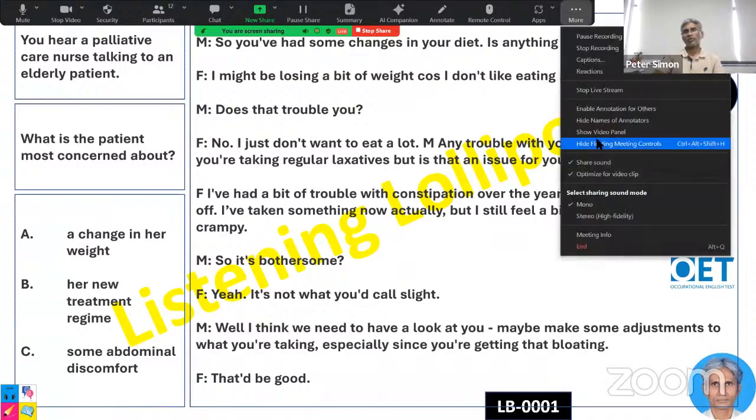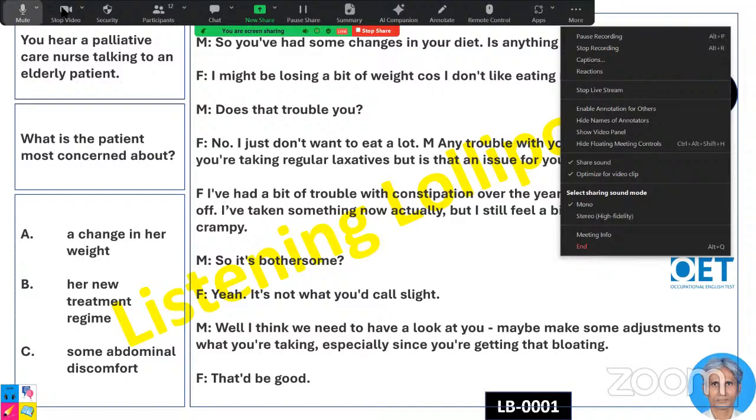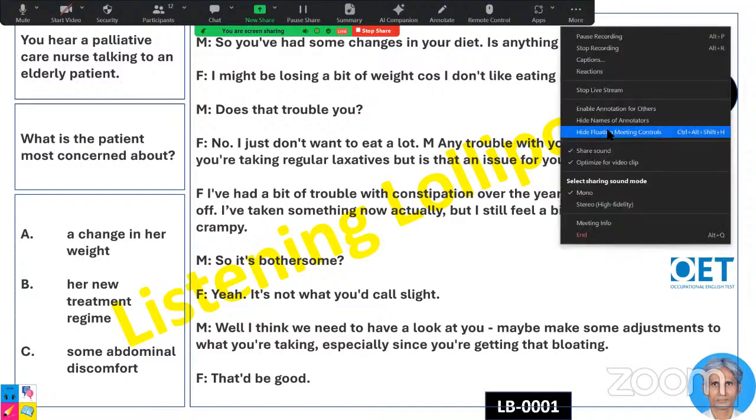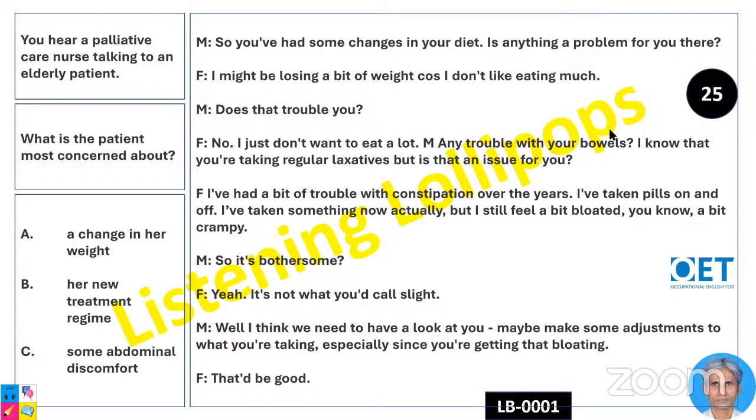Now study this point. I've converted listening into reading. I've converted listening into reading now. Now do the reading part.